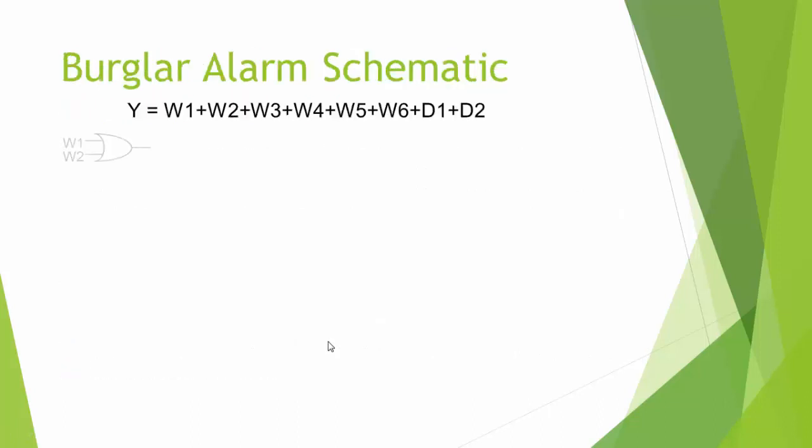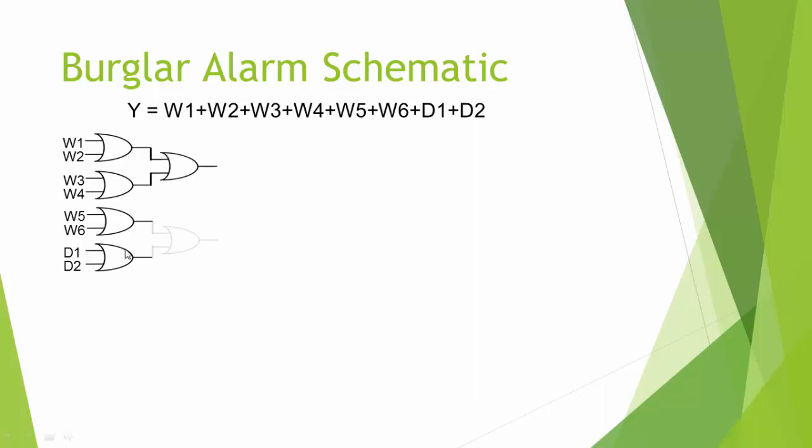So in fact, we can draw this with our gates. We can have a series of OR gates. We've got window 1 and 2, window 3 and 4, window 5 and 6, doors 1 and 2. And for these OR gates, the output from any one of those gates will be high if any one of those sensors goes. And then we can combine those into 2 more OR gates, and finally 1 more OR gate.